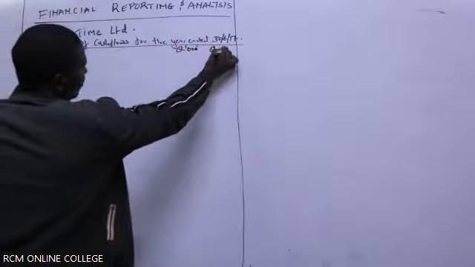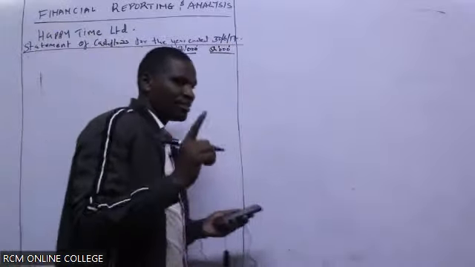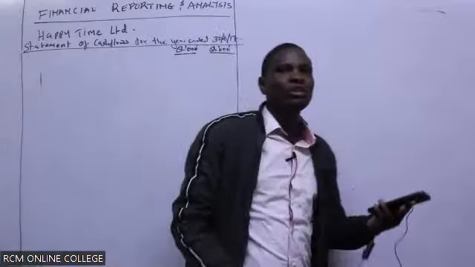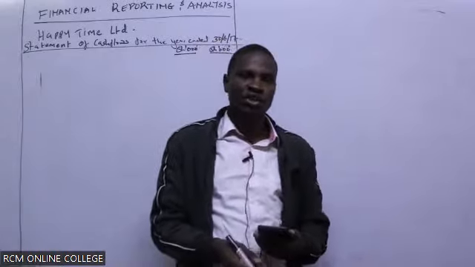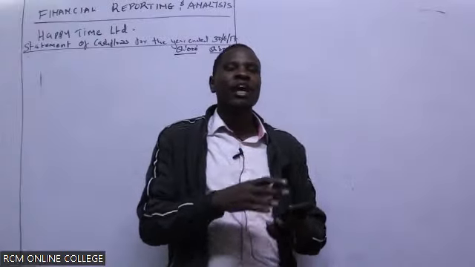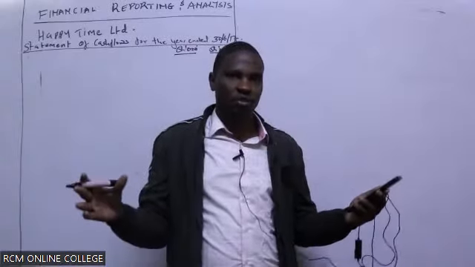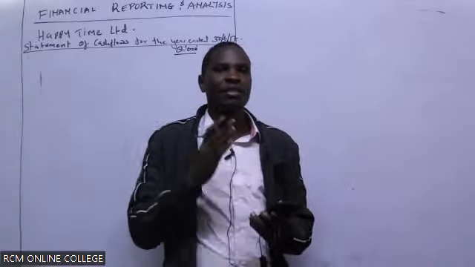You eliminate the 3 zeros so that you are able to record in thousands. Once you eliminate them, please note the items in the additional information are given without elimination of the 3 zeros. Therefore, you have to eliminate the 3 zeros.